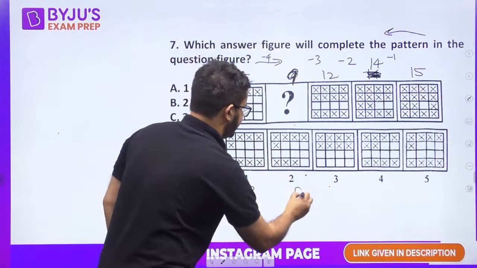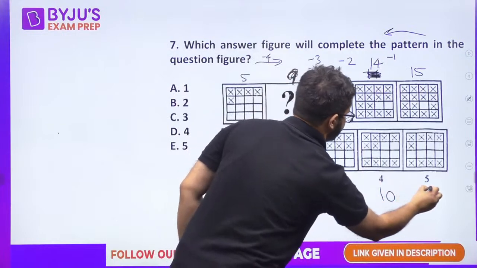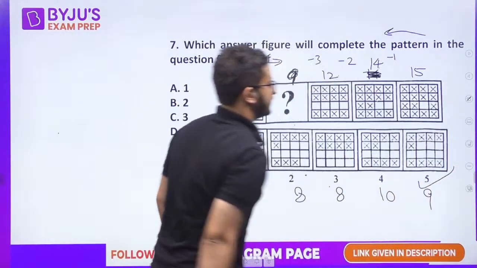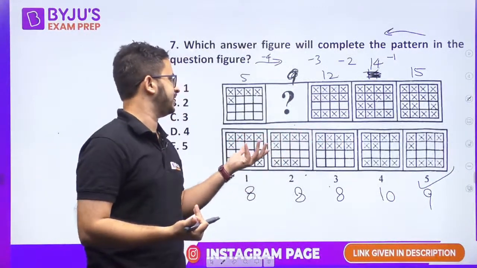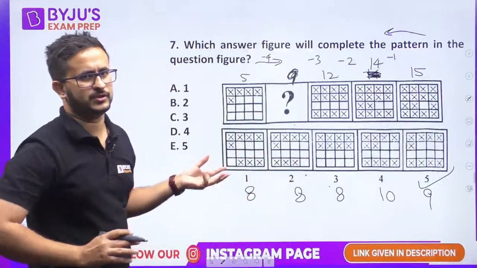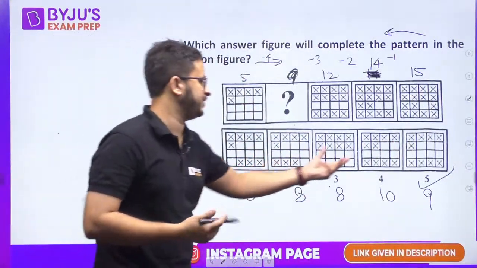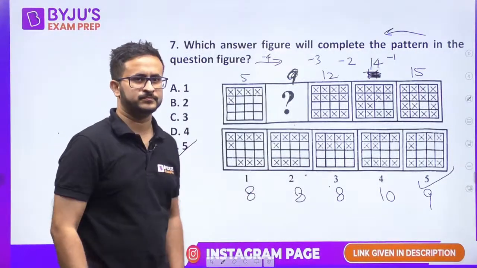This also has 8, this also has 8, this has 10, and this has 9 crosses, so that will be the answer. Now don't think about where the 9th one will come and how, right? I mean whether 4 will come down or how the 4 will be distributed, that is not important, because only one option has 9 crosses. So your answer is the 5th one.